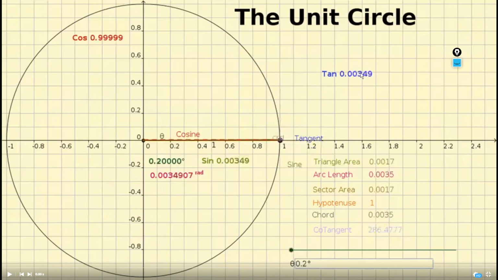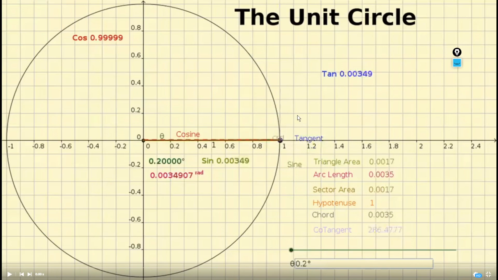And tangent is very small because it's sine divided by cosine. Cosine is almost 1. Anything divided by 1 is itself. If this is perfectly flat, sine would be 0 because there'd be no vertical component, and cosine would be 1. So it'd be 0 divided by 1, which is 0.